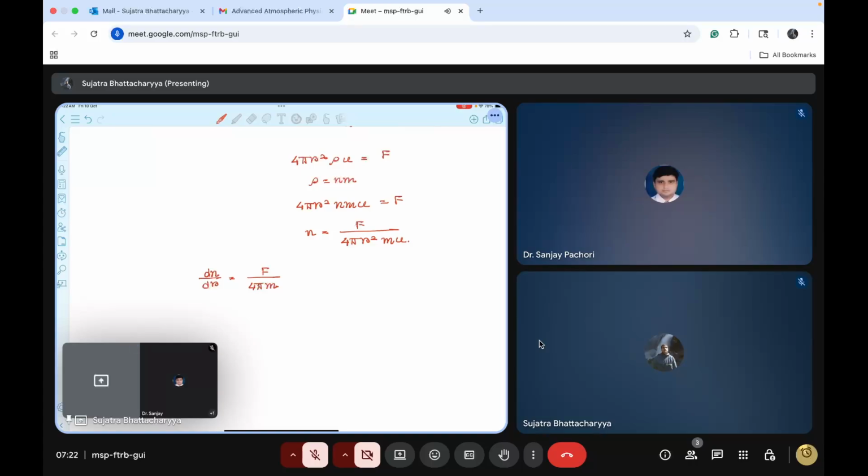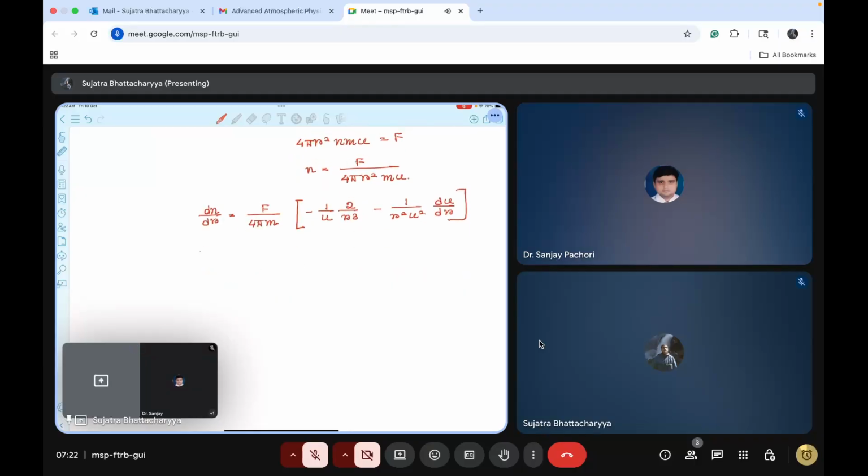So F by 4 pi m times minus 2 by u r cubed minus 1 by r squared u squared du/dr. This is fine. There is nothing to be changed here.